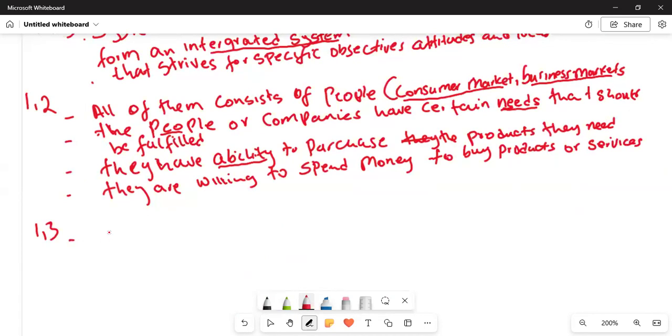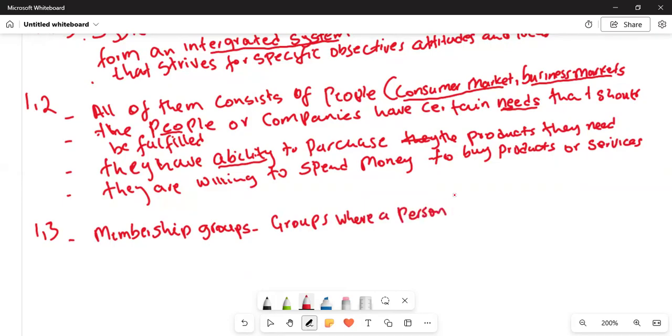The first one is membership groups. Membership groups are groups where a person has to obtain membership before belonging to the group.